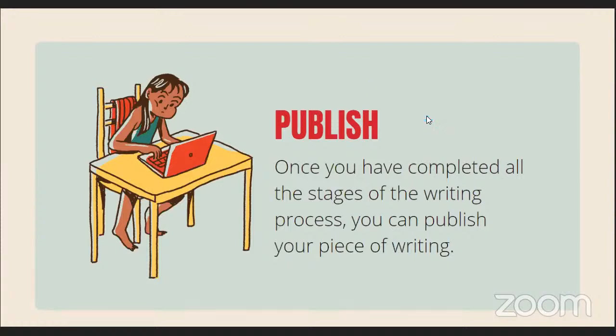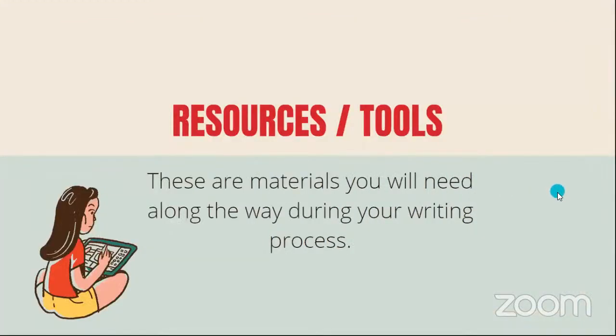Your mentor or reviewer will review your article, then you make edits, and after making edits and you're sure you're fine with it, then you publish your article. So now during your writing process, you would need resources and tools, and this is what we'll be talking about. So these are materials you need along the way during your writing process.